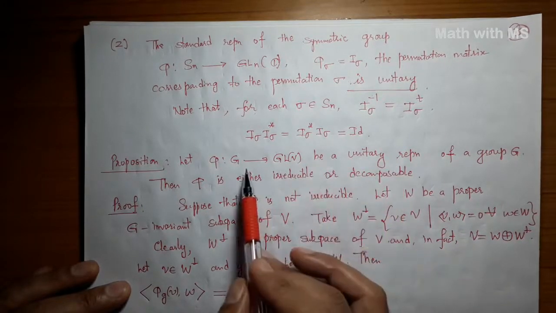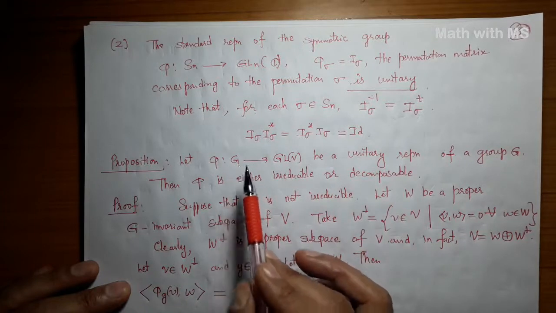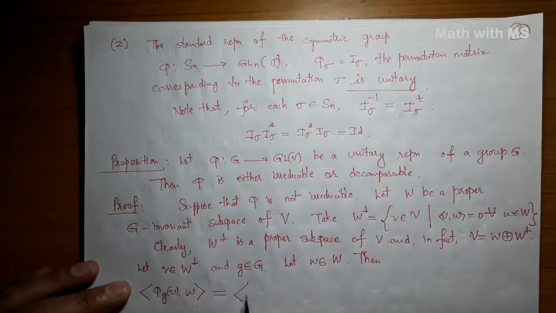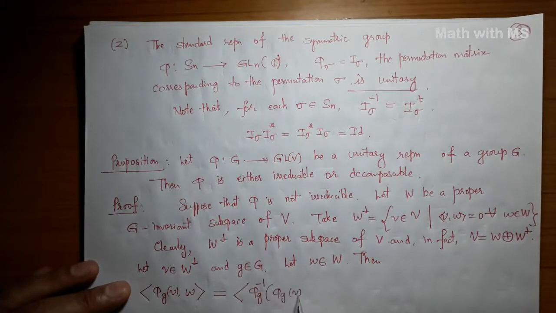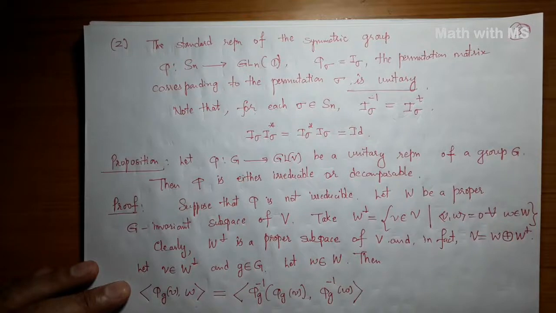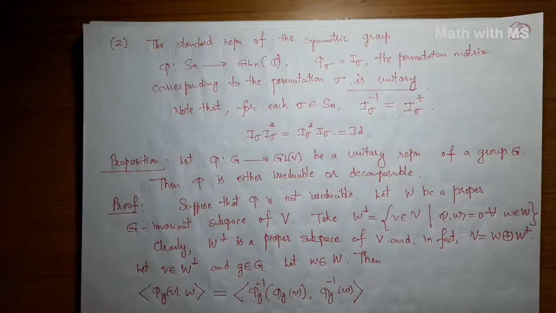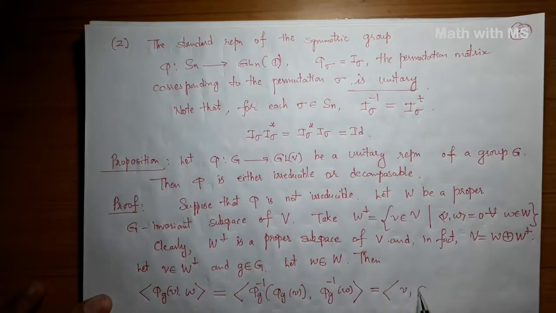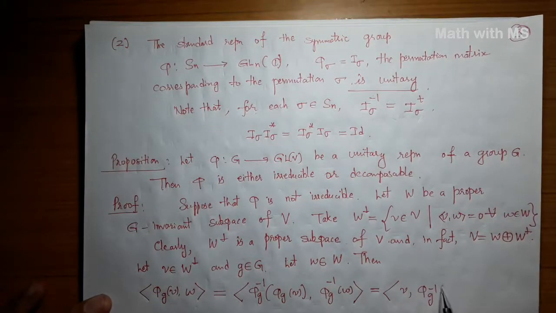That means your representation preserves inner product. Each phi g preserves inner product. So this is the same as the inner product of phi g inverse phi g v with phi g inverse of w, right? Because phi g inverse is just phi of g inverse, because phi is a homomorphism. So this is the same as the inner product of v with phi g inverse of w.